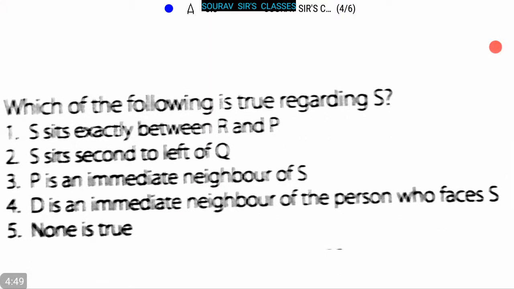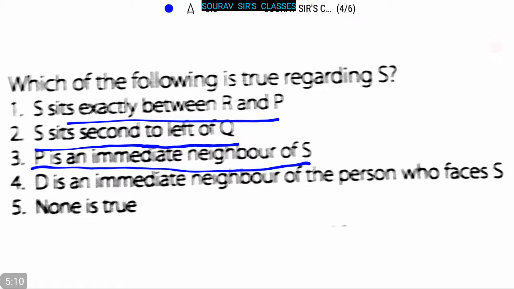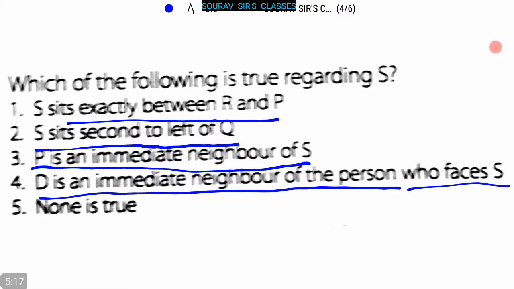Our next question is, which of the following is true regarding S? So here some information is given about S and we have to choose the correct one. The first one is S sits exactly between R and P. Second one is S sits second to the left of Q. Third one is P is an immediate neighbor of S. Fourth one is D is an immediate neighbor of the person who faces S. And the last one is none of these.